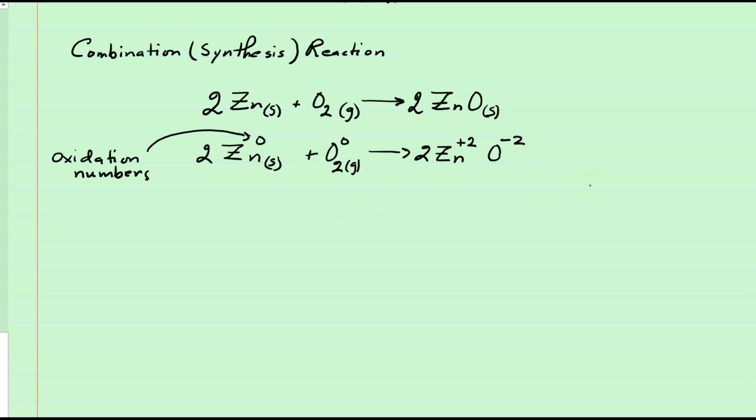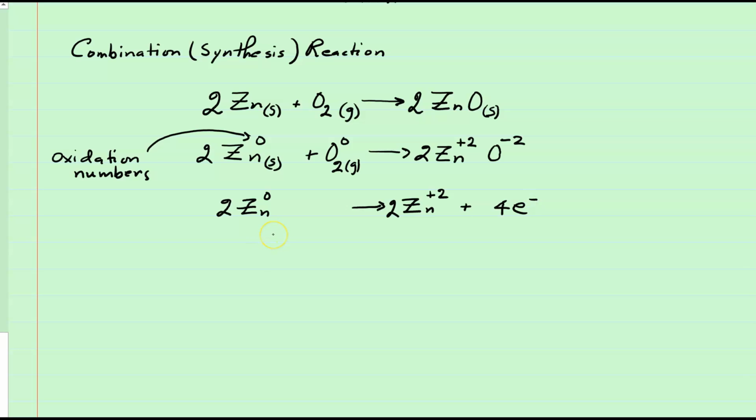So let's take this apart a little further and say, well, here, what we're seeing is the zinc is starting off at a 0 oxidation state, and the zinc is ending up in a +2 oxidation state. So clearly the zinc lost some electrons. Okay? So in this case, it lost 2 electrons. But if we have 2 zinc moles, and then we have 2 zinc ions, we would have lost 4 electrons.